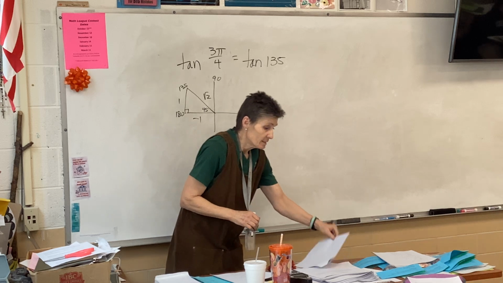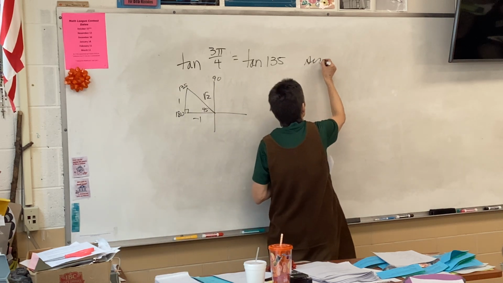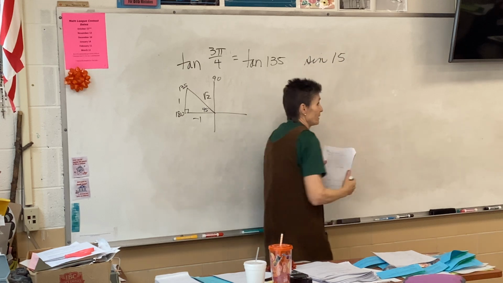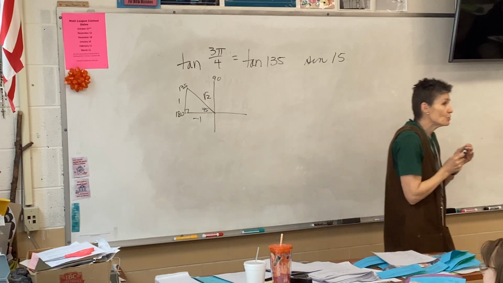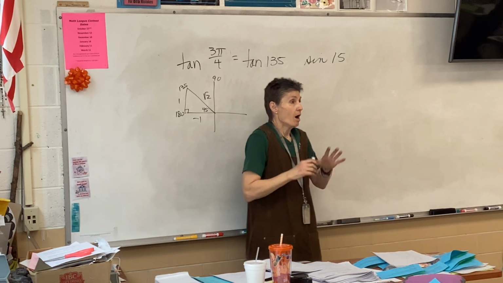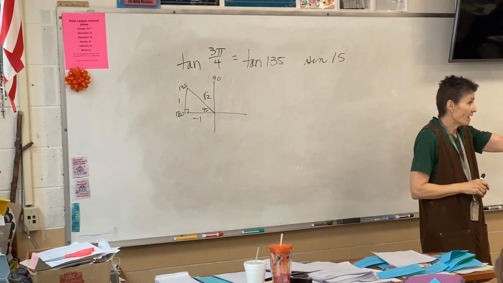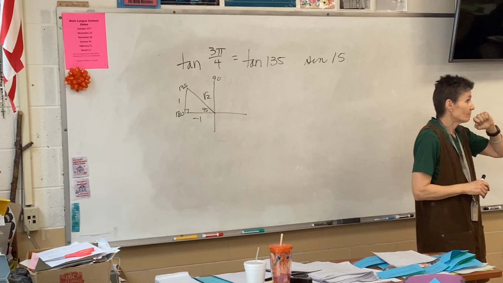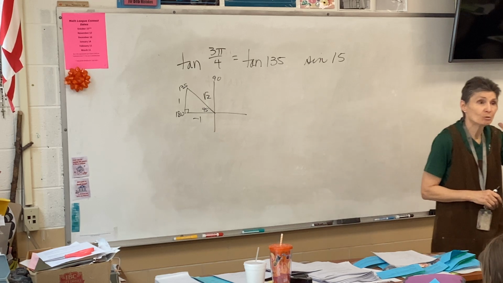All right. Number 1 says find the exact sine of 15. Now, here's the scoop, kids. The only angles that you can do like this that we just did are some version of 30, 45, or 60. That's it. So what am I going to do with 15?